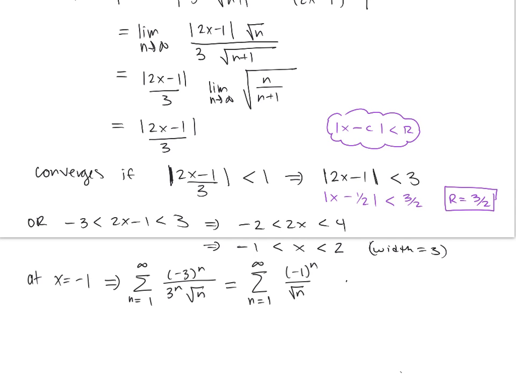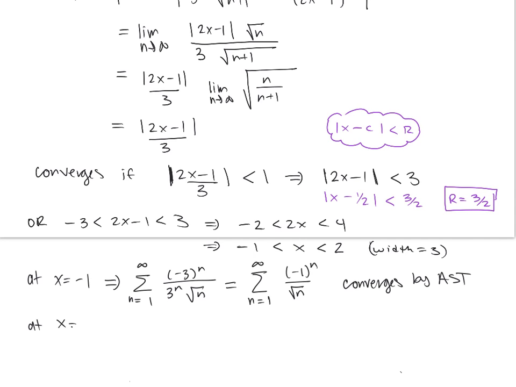So this is an alternating series. Does it converge or diverge? It converges, yep. It's a convergent alternating p-series. The p-series officially aren't alternating, but it kind of is like an alternating p-series, and those definitely converge.